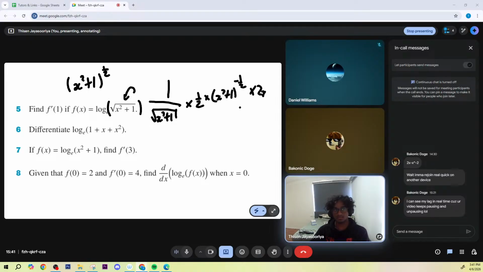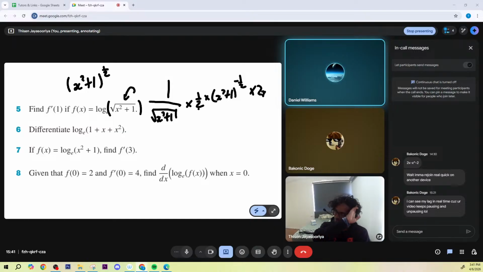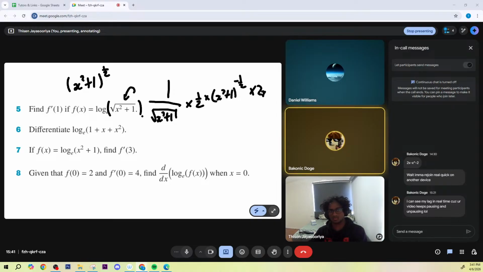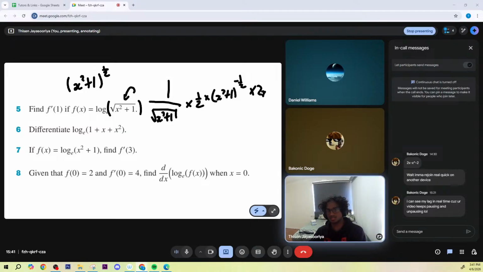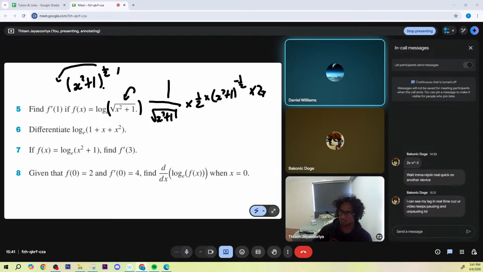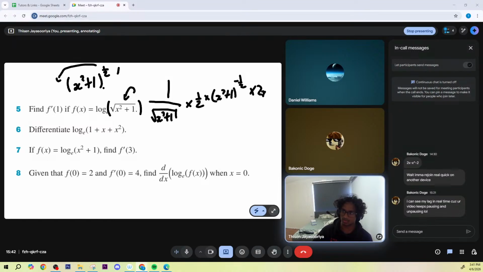Does that make sense, Daniel? I was just saying that the second part confused me again. Just go deeper in and then times it all together, because remember, this is a half. We times it by a half, and then we take away 1 from the power. This is the power rule, so I'm just using the power rule to find this second part of the derivative.